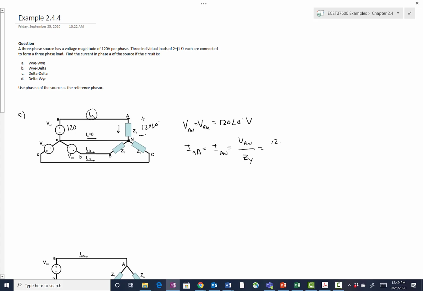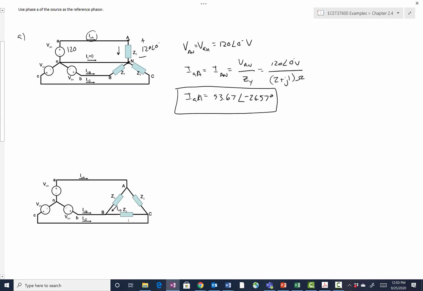So we get 120 angle 0 degrees volts divided by 2 plus j1 ohms, and we get a phase A current of 53.67 at an angle of negative 26.57 degrees. And that's probably the easiest circuit of the four to analyze.